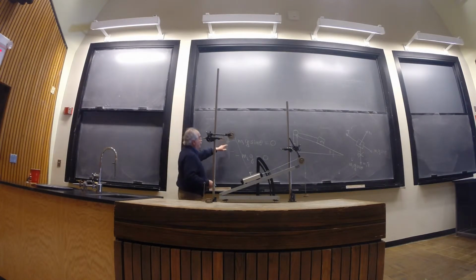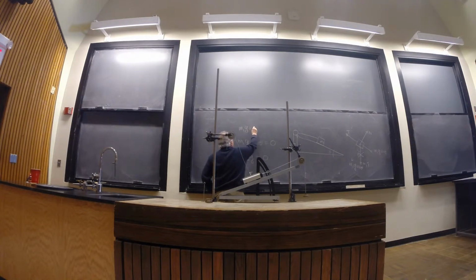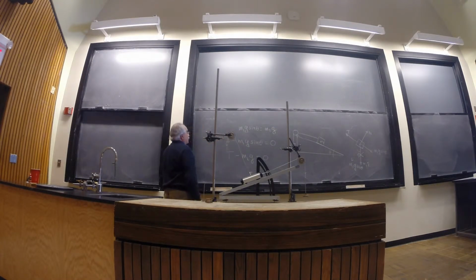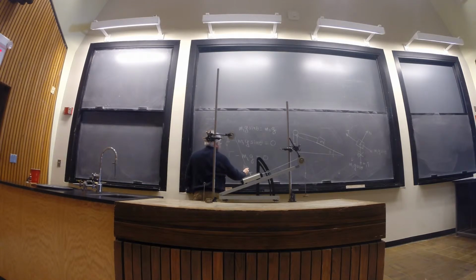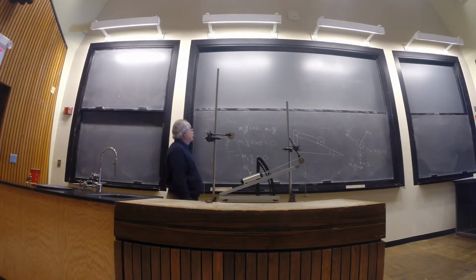So now I can put these two together, and this and that must be equal, namely m1g sine theta is equal to m2g. Therefore, the mass of the cart, if that's what I'm looking for, m1 is equal to, the g's will cancel, m1 is equal to m2 divided by sine theta. Okay?